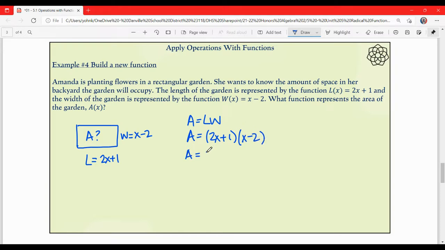So 2x times x is 2x squared. 2x times -2 is minus 4x. 1 times x is x. 1 times -2 is -2. Combine like terms, 2x squared minus 3x minus 2. Easy peasy. There's no units, so I don't have to put any units on.